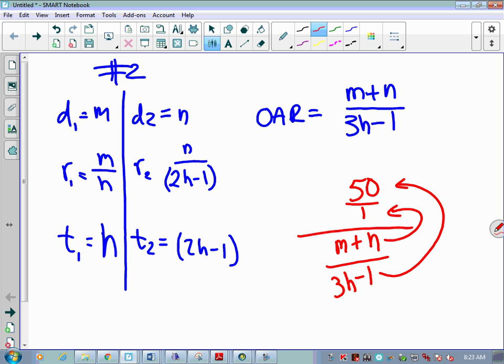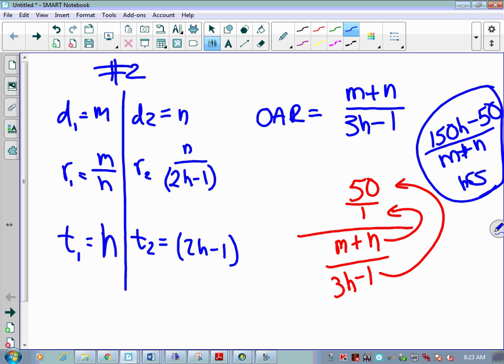So what we should end up with here is 150h minus 50, because we're going to distribute the 3h minus 1 to the 50, over m plus n, and that should be in hours. Does that help you out a little bit?